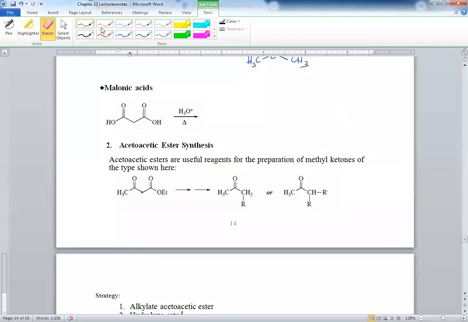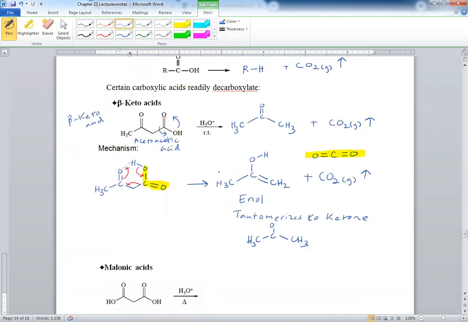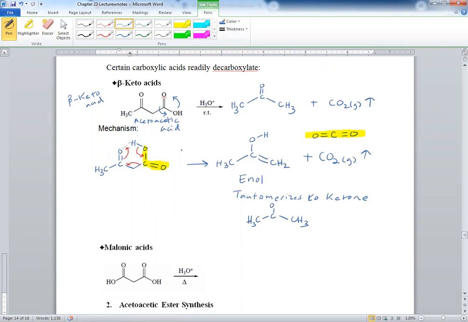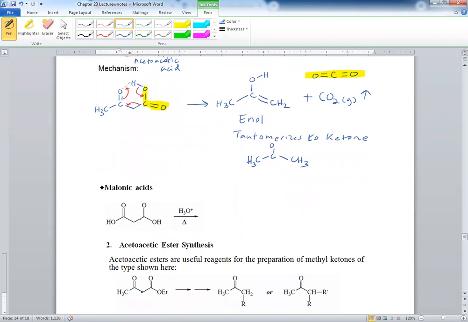In the last video, we forgot to talk about how decarboxylation can occur for malonic acids. As opposed to having a beta keto acid, where you have a ketone on one side and a carboxylic acid on the other, you can have two carboxylic acids. So this is a dicarboxylic acid.